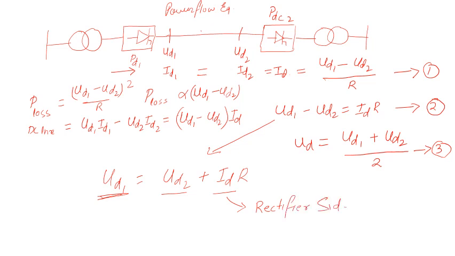So to control the current, we will change the rectifier side, that is alpha, and to control the voltage UD2, we will do it from the inverter side.